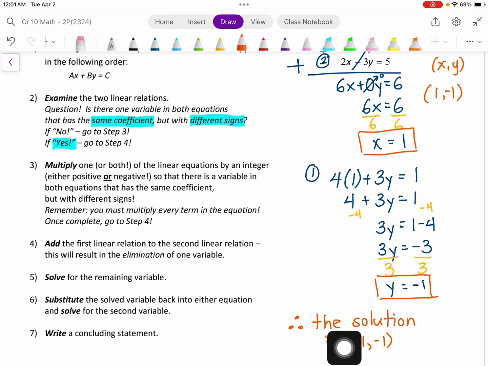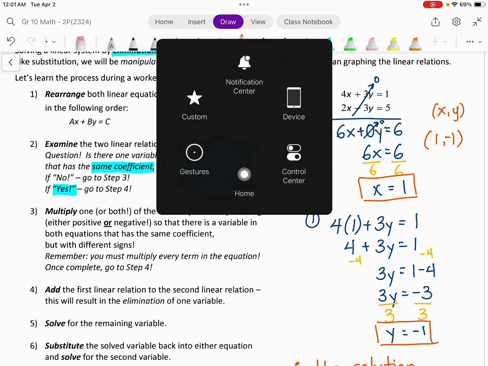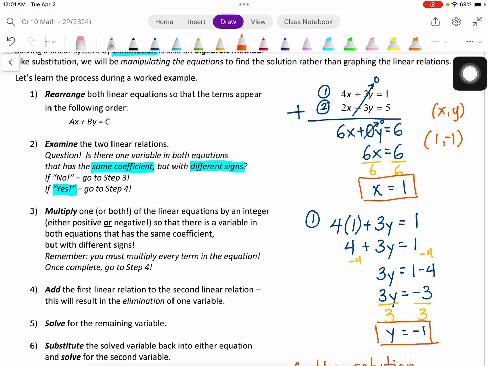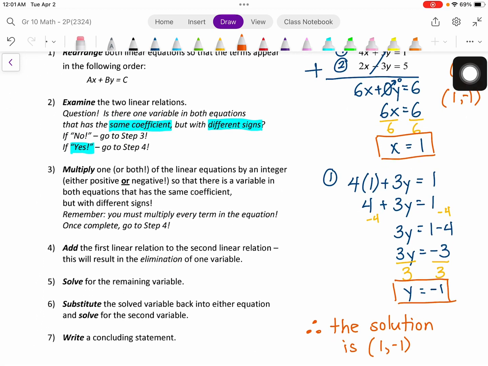So this is the one point that is part of both of these linear relations, and that is called the solution to the system, in case you forgot. So the solution is the point of intersection, or the one point that is on both linear equations.